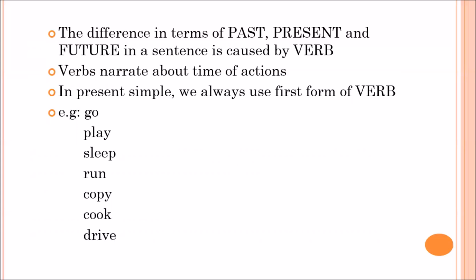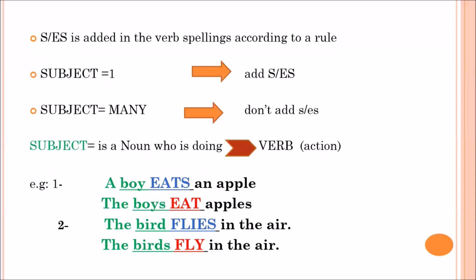There is a little rule that we need to follow, and that is we have to add s or es in the verb spelling if the subject is one. Then we add s/es. If the subjects are more than one, like 2, 300, maybe the whole world, we do not add s/es. Please mark it. For one subject, we have s/es in verb spelling, and for plural subject, we do not add s/es.